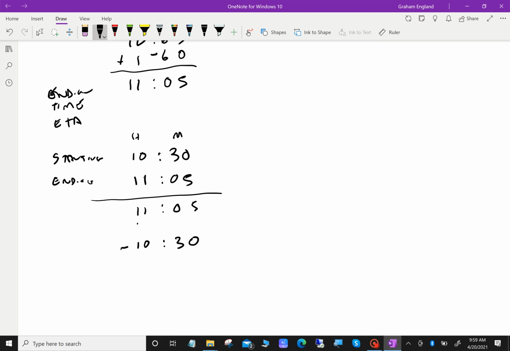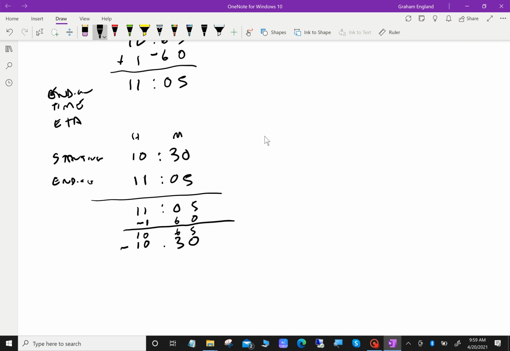So what you do is you subtract 1 hour from this side, and you add 60 minutes to this side. So that would be 10:65. So 10:65 is the same thing as saying 11:05, right?